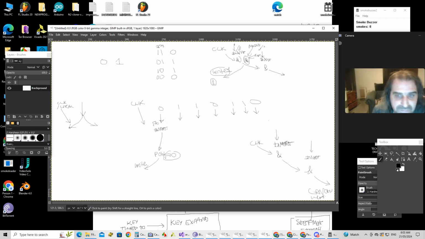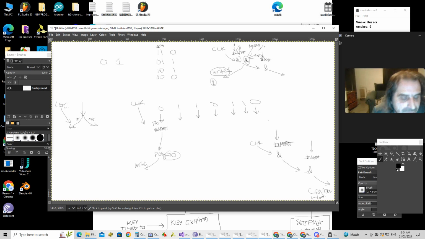And then that does an XOR with it. No. So this one's the last carry. And that's inverted, that's not inverted.